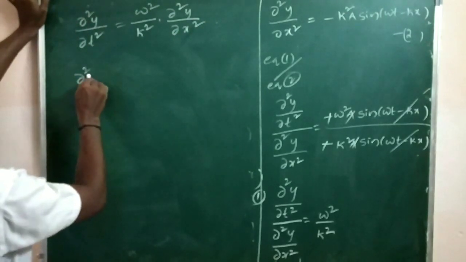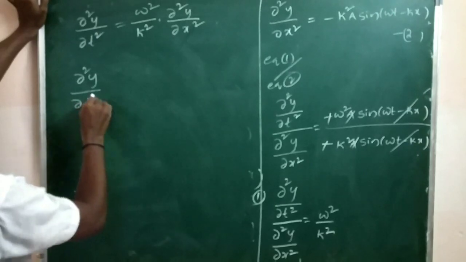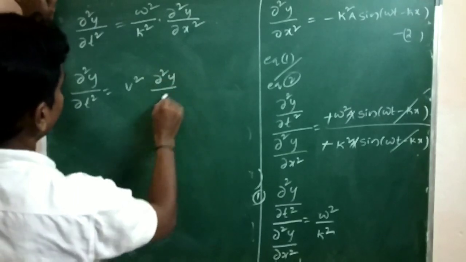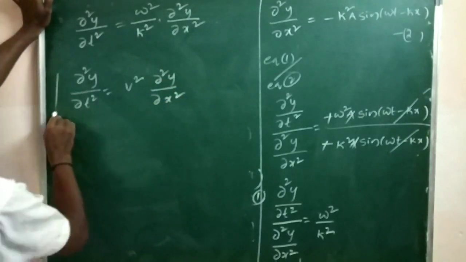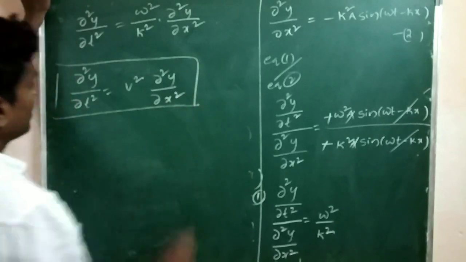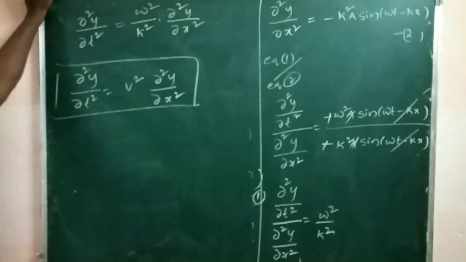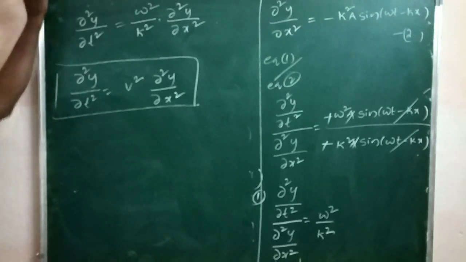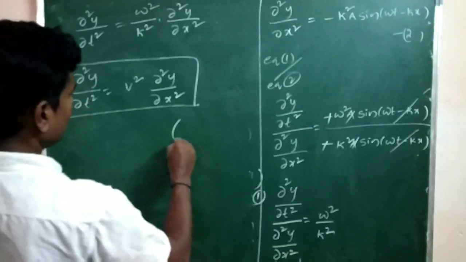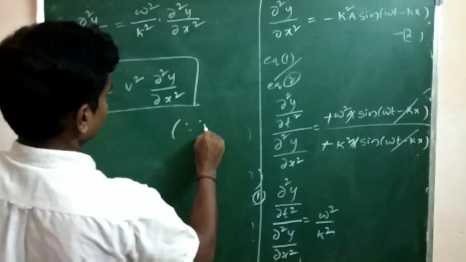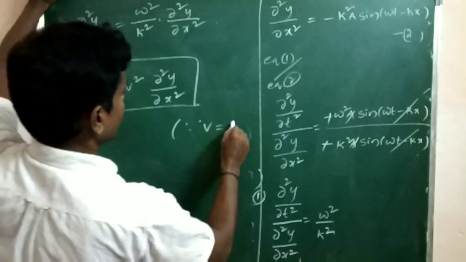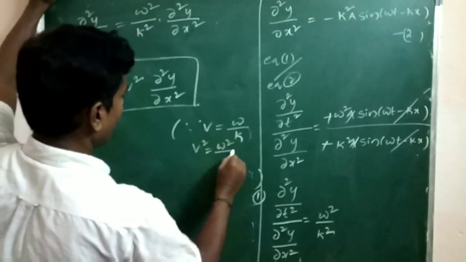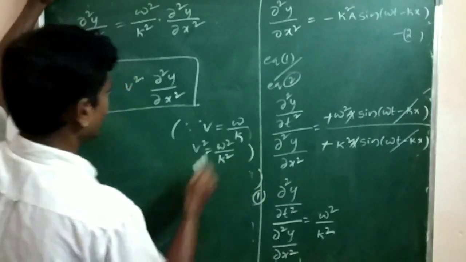Here del square y by del t square equals v square del square y by del x square. This is the differential form of the wave equation. Here v is the speed of the wave, since v equals omega by k, so v square equals omega square by k square.